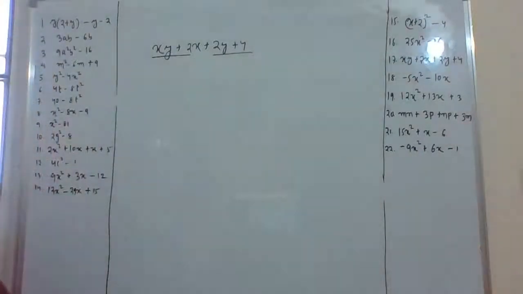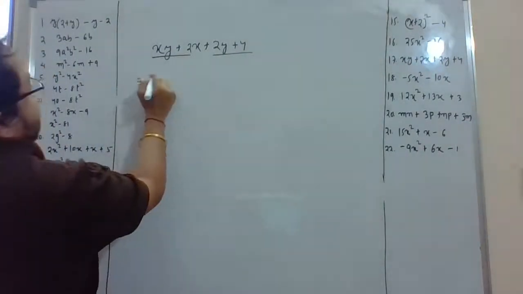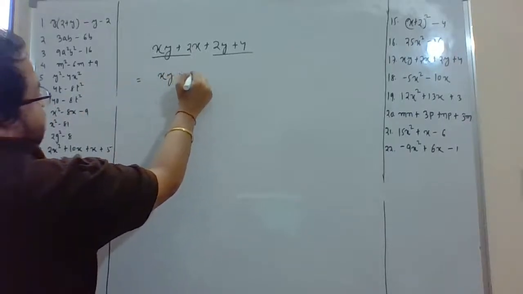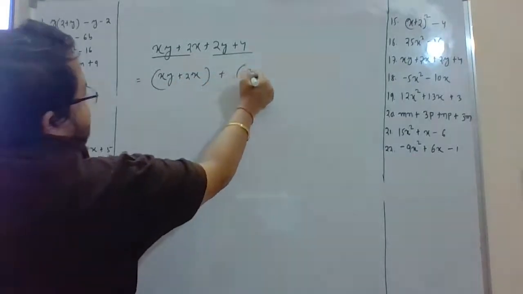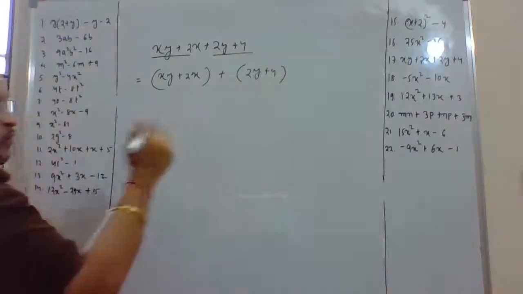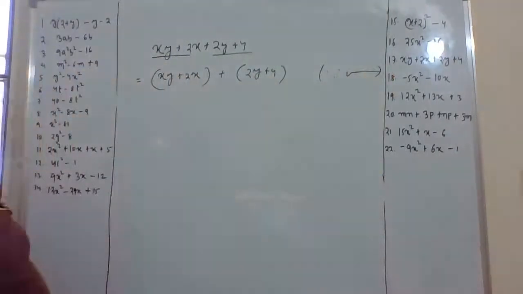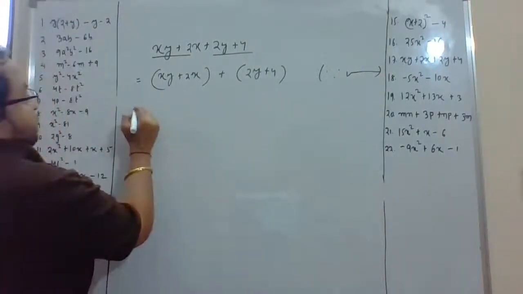Let me logically take these as two pairs of terms, right? So I can rewrite this as (xy plus 2x) plus the second pair (2y plus 4). And because addition is associative by nature, right? You can write that reasoning also there.